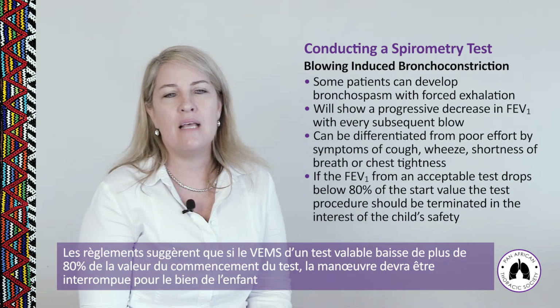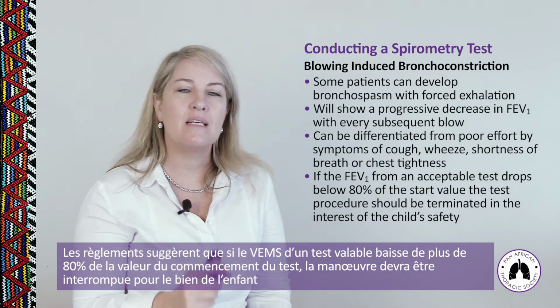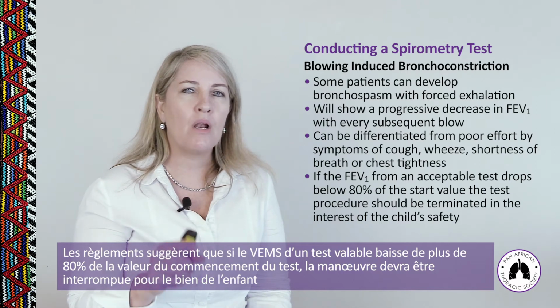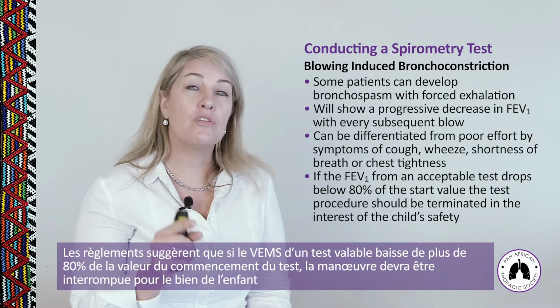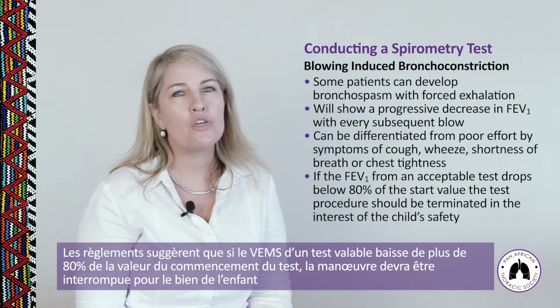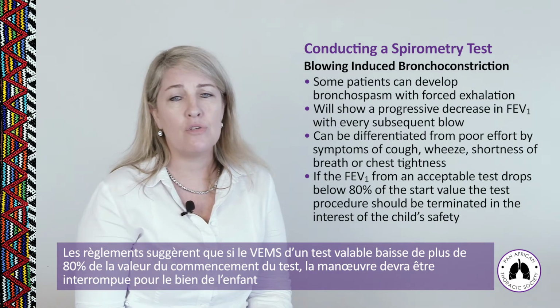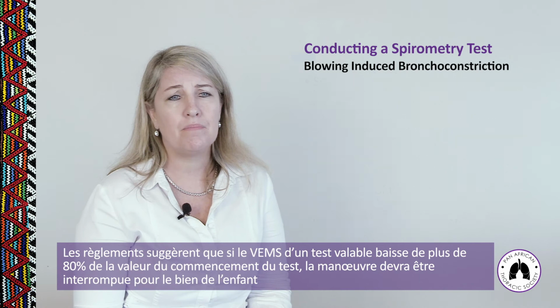What the guidelines say is that if the FEV1 from an acceptable test drops below 80% of the start value of the test, the procedure should be terminated in the interest of that child's safety.